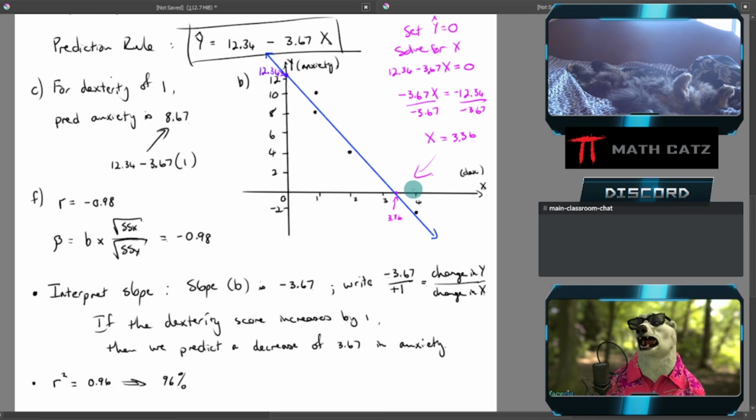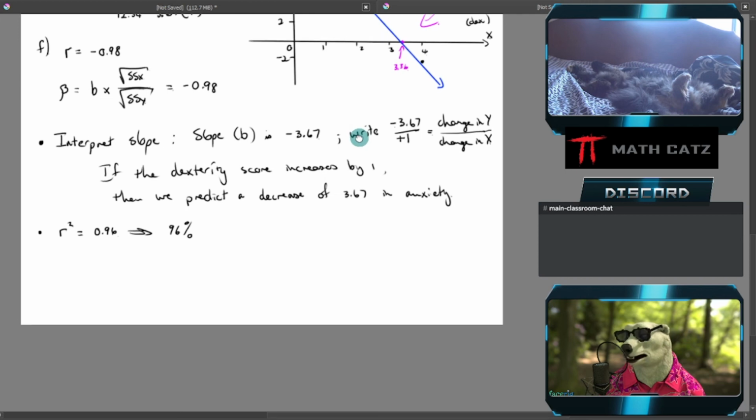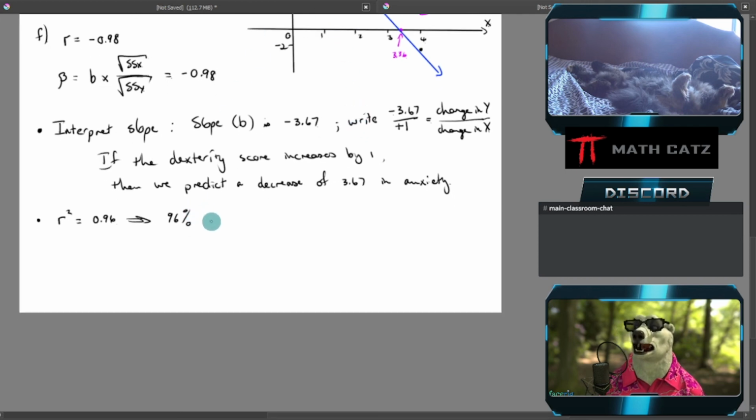How much of the variation in anxiety is attributed to dexterity? The R-squared gives me that. So in this case, it's a very high percentage.